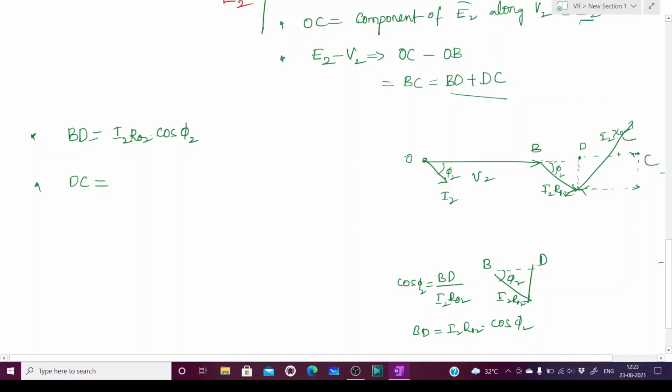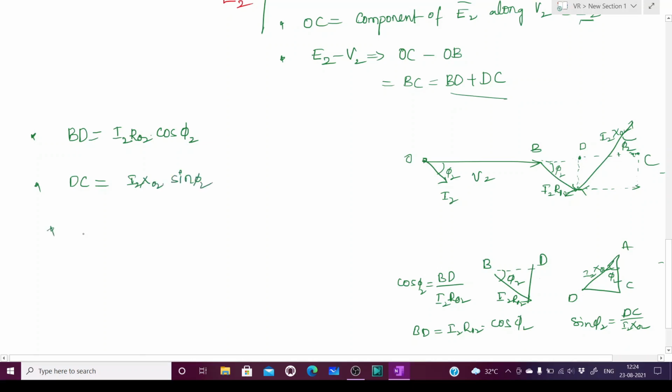That angle will be phi 2 here. If you apply sine phi 2 to this triangle DAC, sine phi 2 will be DC by I2 X02. So DC will be equal to I2 X02 into sine phi 2.